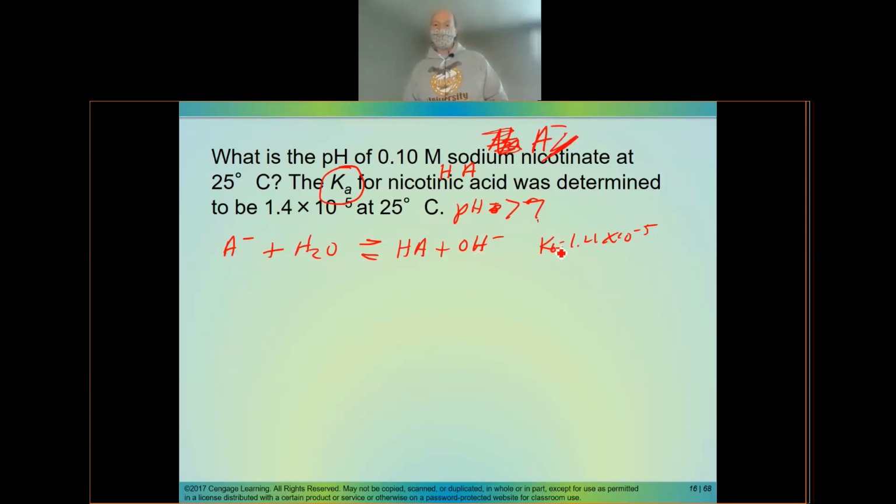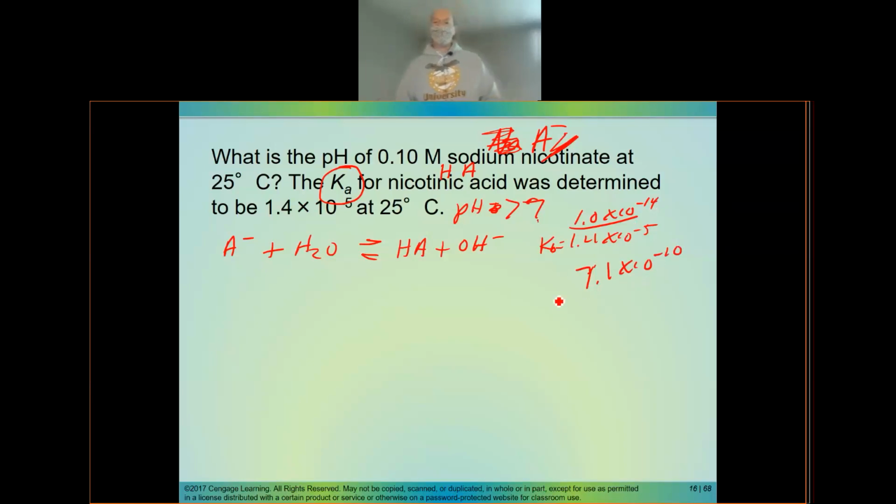So to find my Kb, I have to take my Kw and divide by my Ka. Again, every single part of this problem takes thought. So you take that and divide, and you get 7.1 times 10 to the negative 10.